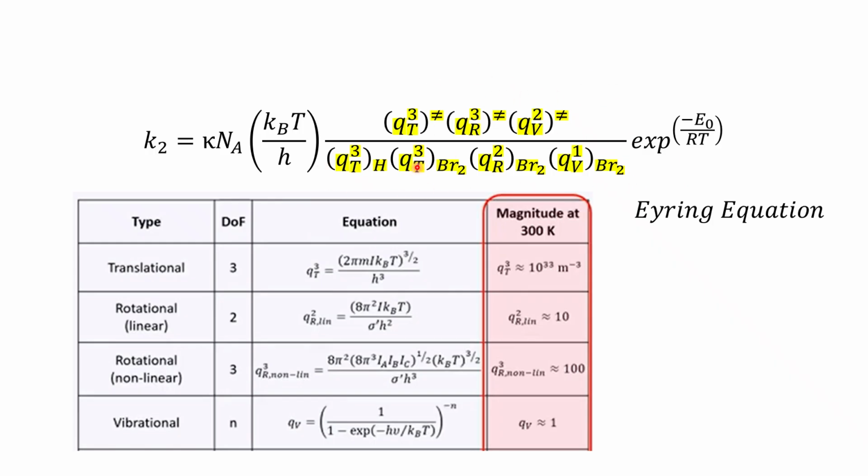For instance, moving from two separate species, in this example the hydrogen atom and bromine molecule, to a single non-linear activated complex results in the loss of translational degrees of freedom, but a gain of rotational and vibrational degrees of freedom.